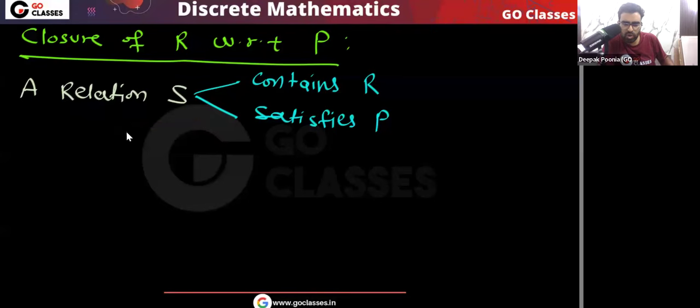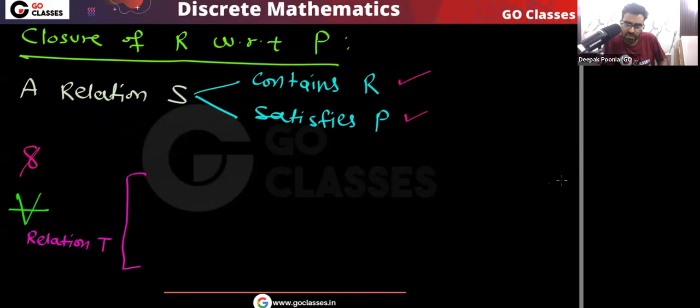But there is one more thing that should be satisfied. For all relations T, what should happen?